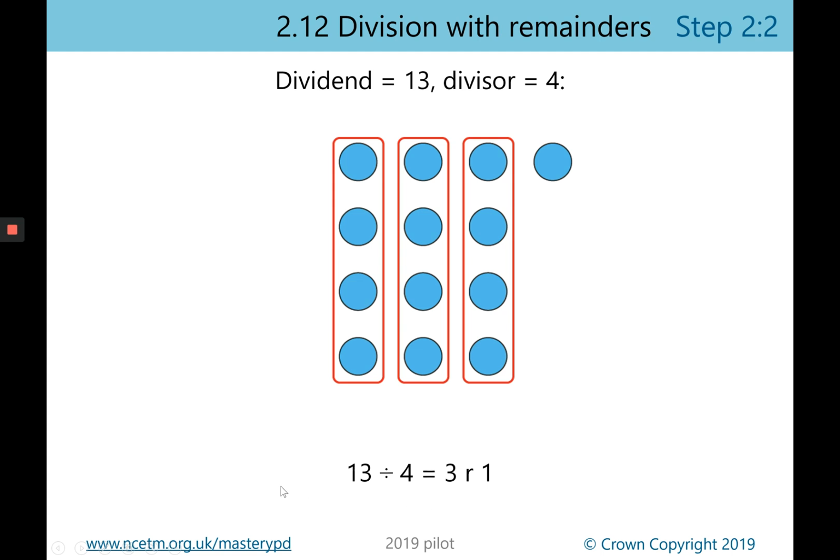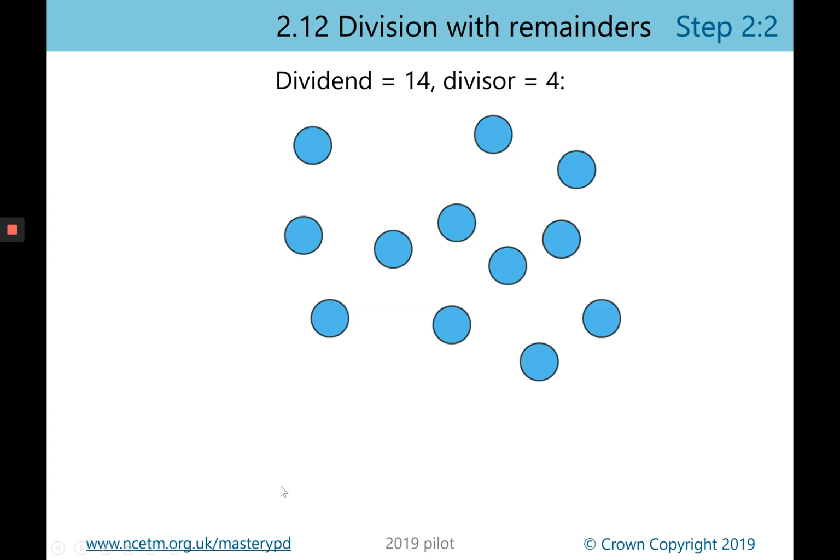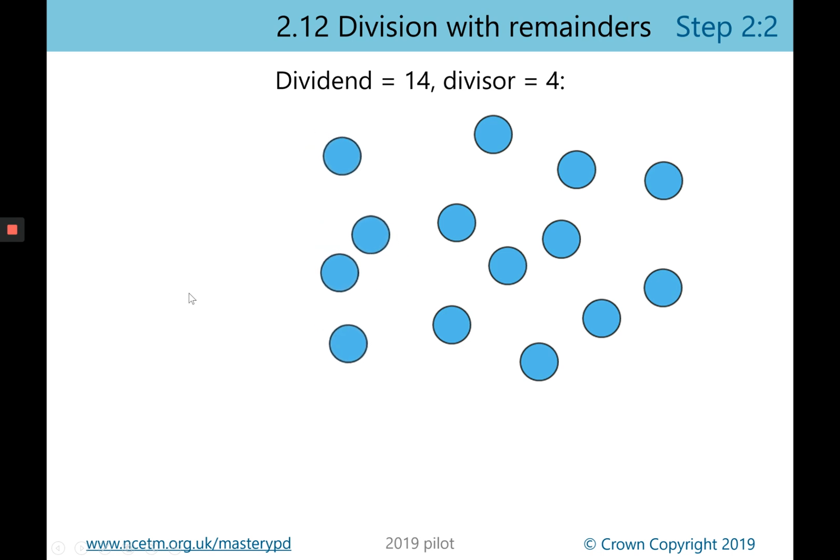Let's do another couple more. This time I'm going to change again the dividend, the number that is being divided, and I'm now saying to you, what is 14 divided by 4? So let's put them into groups of 4.